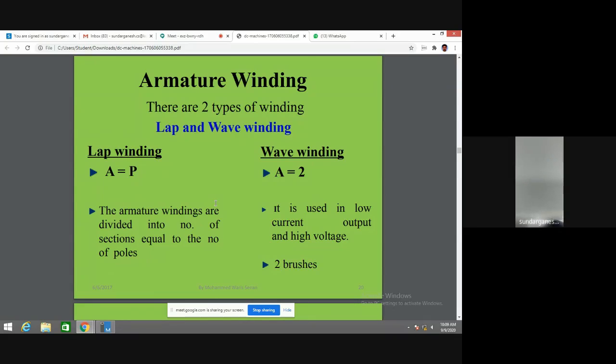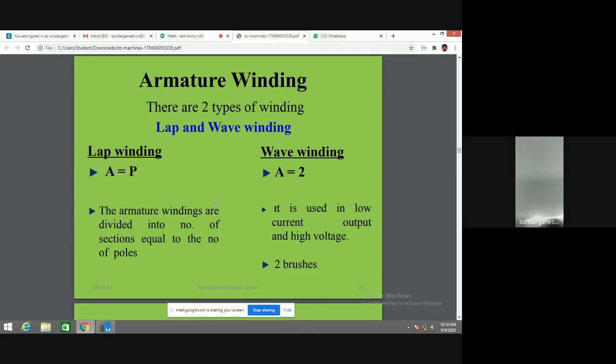Lap winding: you have to construct the lap winding such that A equal to P. What is A? A is the number of parallel paths. I am connecting coils, so how many parallel paths I am connecting is known as A. P indicates the number of poles.